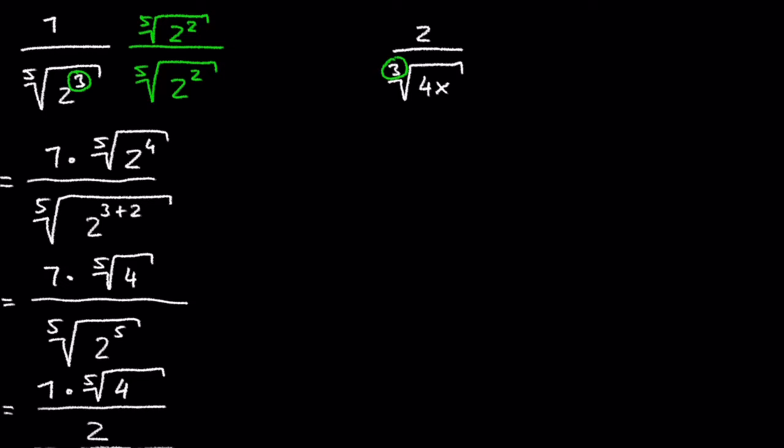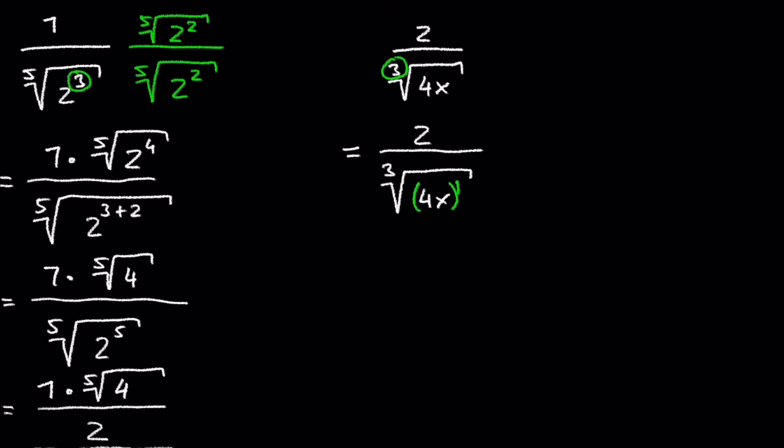Remember, when there is no power, it is equivalent to the power of 1. And also make sure to put the whole expression, which is 4x, in parentheses, and raise that to the power of 1.